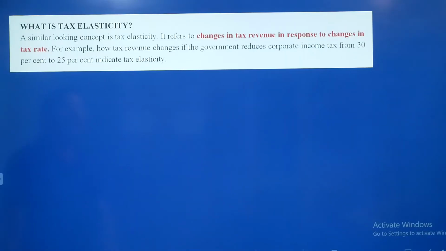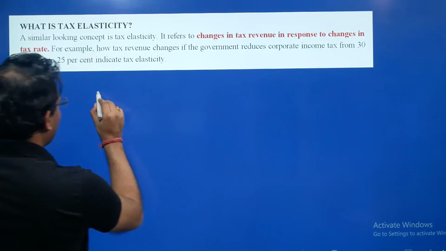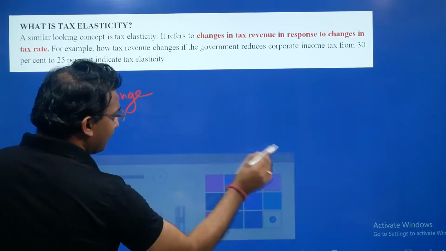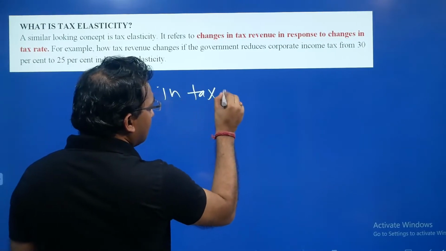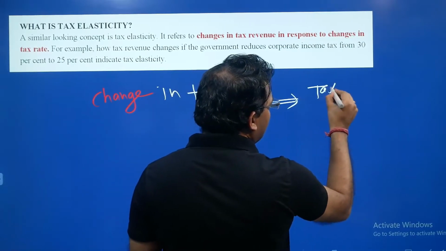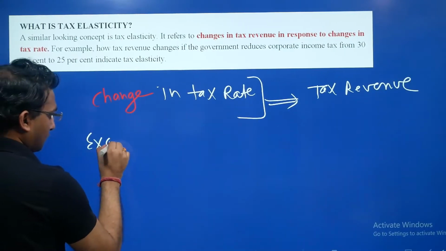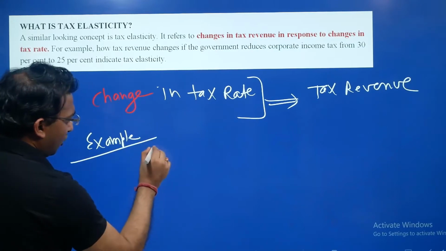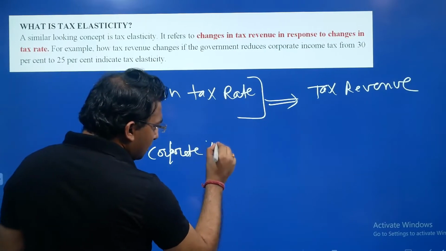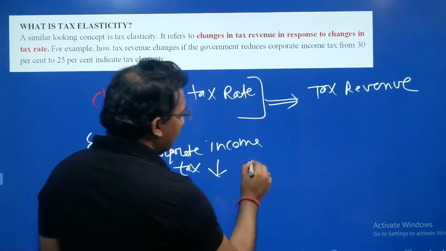Now, tax elasticity. Tax elasticity means with the change in the tax rate, how much is the change in the tax revenue, right? So for example, recently the government reduced the corporate income tax rates for a few categories of companies.